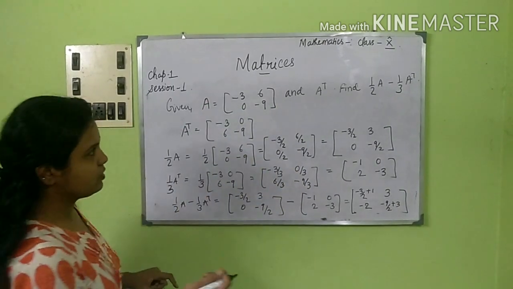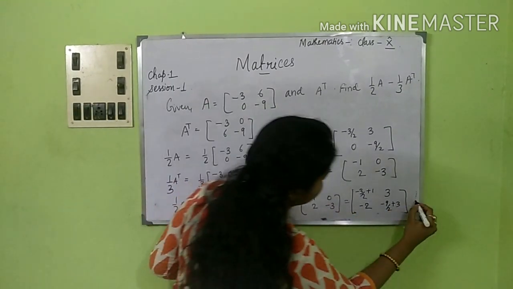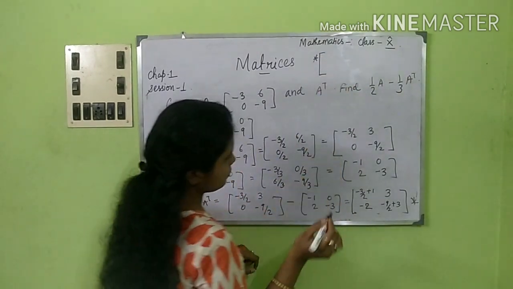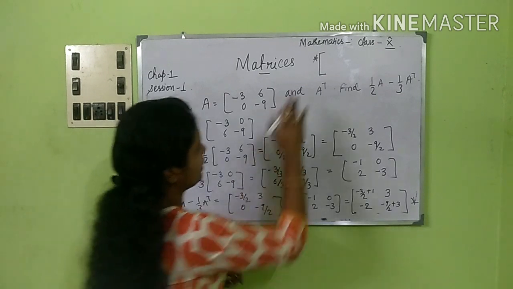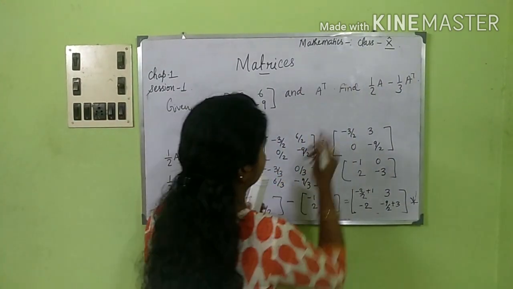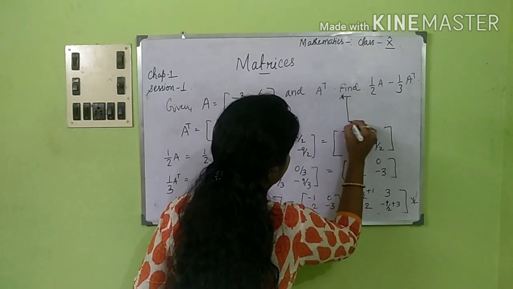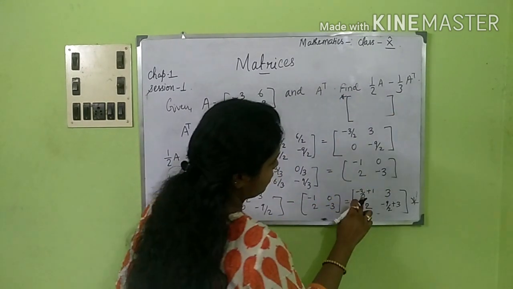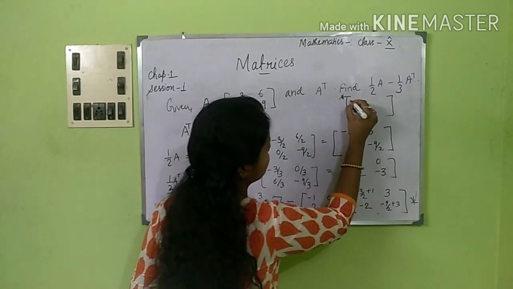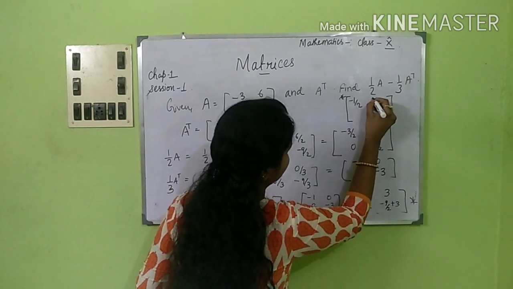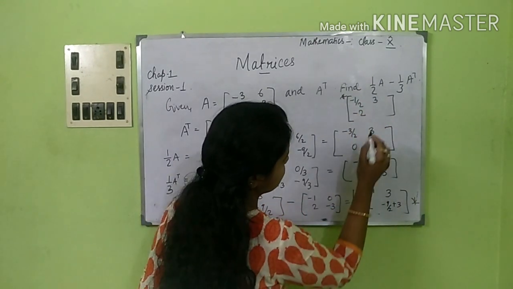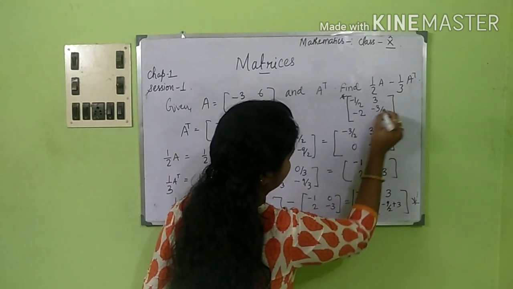So the answer, I will write it here. Okay, I am putting a star mark here so that it becomes visible to you. This is coming to minus 3 plus 2 by 2, that is minus half, 3 minus 2 is 1, and this is coming to minus 9 plus 6 by 2, that is minus 3 by 2.